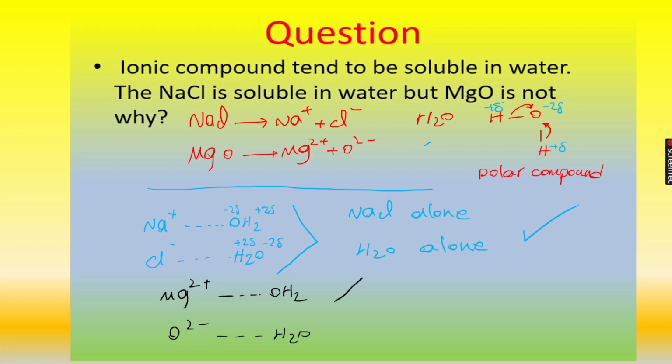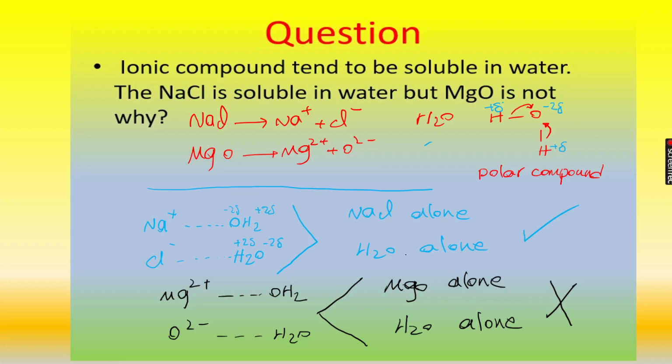This attraction is smaller than MgO alone and H2O alone. That's why MgO is not soluble in water, because the attraction between the ions and the water is smaller than the attraction between MgO alone and H2O alone.